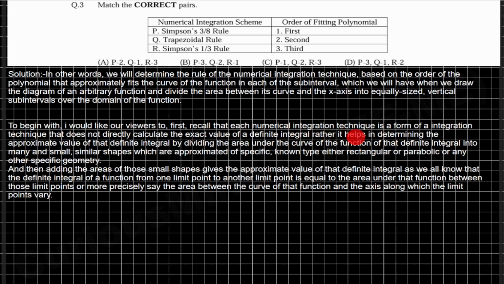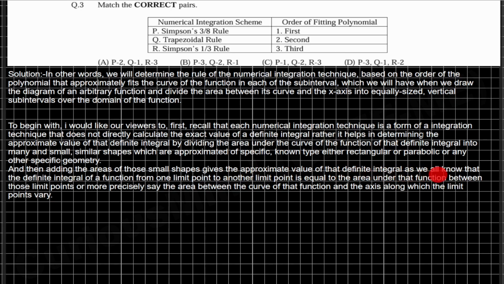Rather, it helps in determining the approximate value of that definite integral by dividing the area under the curve of the function into many small similar shapes which are approximated of a specific known type, either rectangular or parabolic or any other specific geometry, and then adding the areas of those small shapes gives the approximate value of that definite integral.